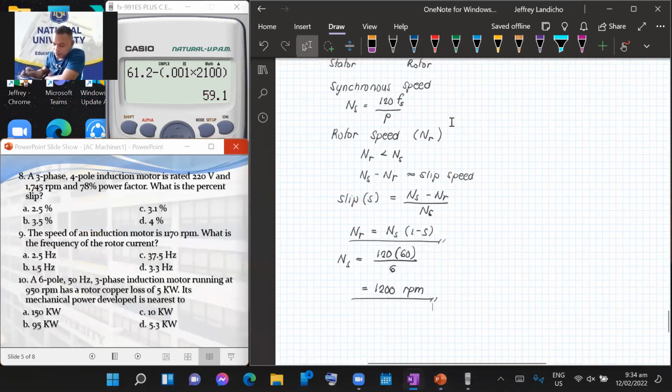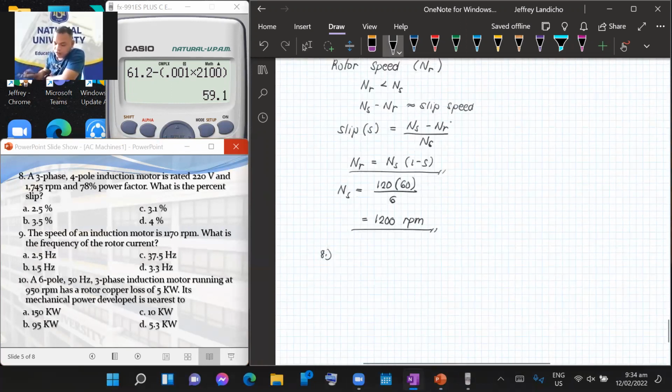So number 8. A 3-phase 4-pole induction motor is rated 220 volts and 1,745. So tulad dito, hindi binanggit kung ano yan. Sabi lang is rated voltage and speed. So that is the rated speed. It is automatic rotor speed.